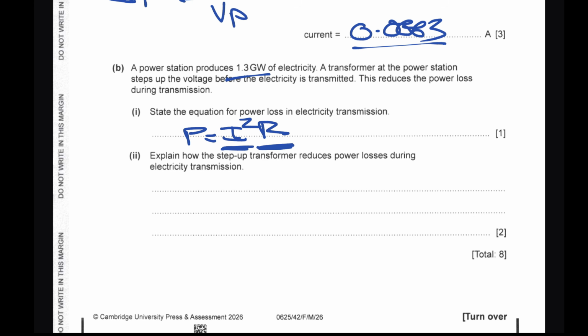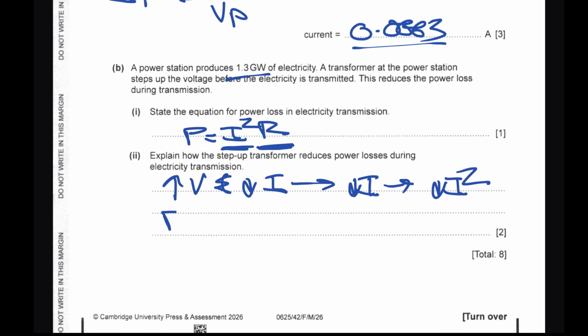It's very easy. Step-up transformers increase the voltage and decrease the output current. And because there's a decreasing current, according to the formula, lower current means lower value of I square. So the energy loss due to the heating effect of the wire is going to be decreased because power is equal to I square R. So less current, which means less power loss.